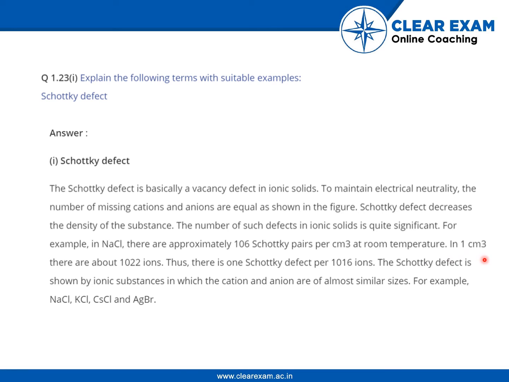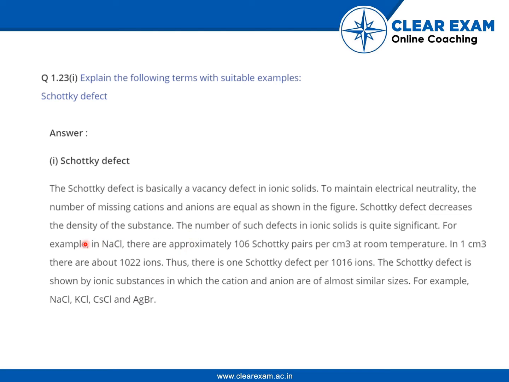In 1 cubic centimeter, there are about 10^22 ions. Thus, there is one Schottky defect per 10^16 ions. The Schottky defect is shown by the ionic substances in which the cations and anions are of almost similar sizes. For example, NaCl, KCl, CsCl, and AgBr.